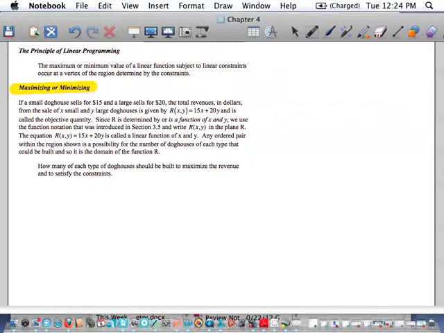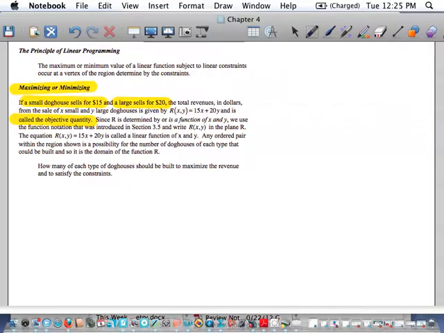If a small doghouse sells for $15 and a large doghouse sells for $20, the total revenue in dollars from the sale of x small and y large doghouses is given by the function R(x, y) equals 15x plus 20y and is called the objective quantity.